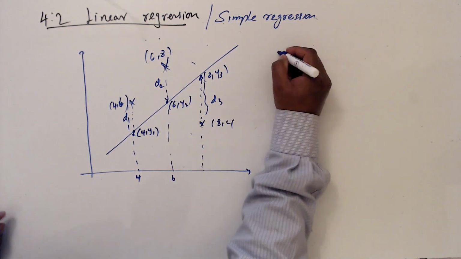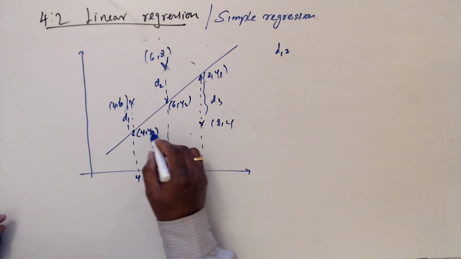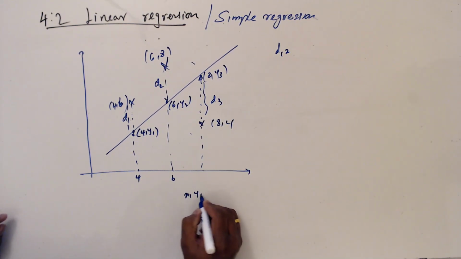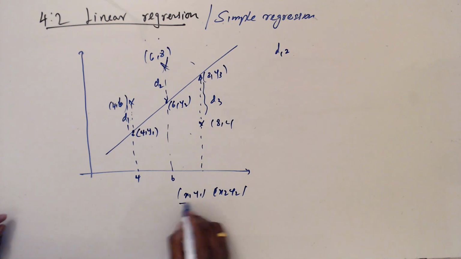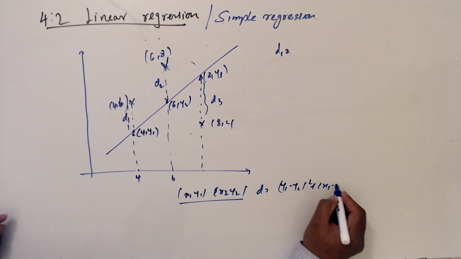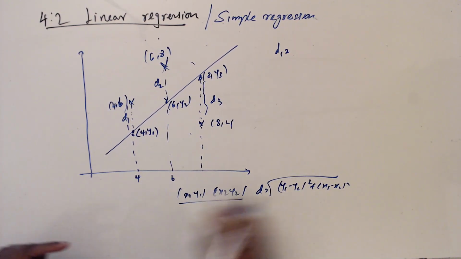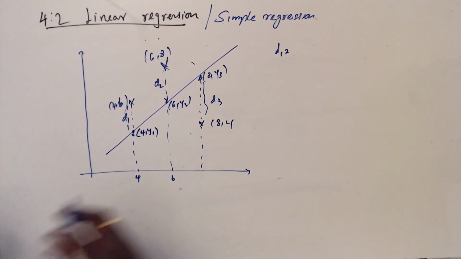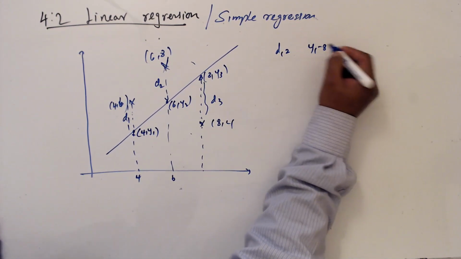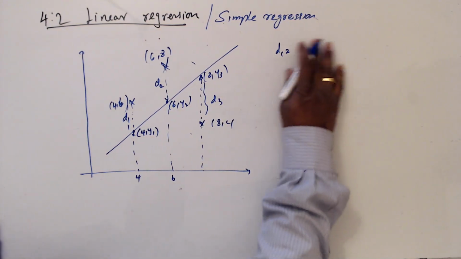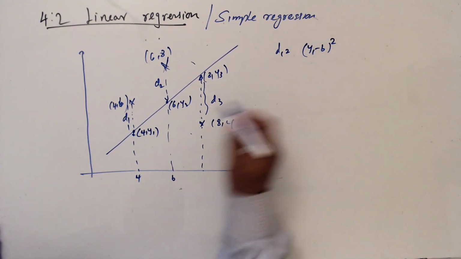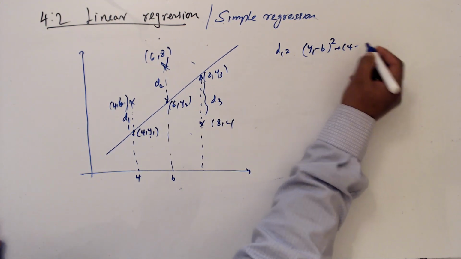Now d1, how do we find d1? When we have 2 points, (x1, y1) and (x2, y2), we know how to find the distance: the square root of (y1 minus y2) squared plus (x1 minus x2) squared. So when I calculate the d1 distance, it is going to be (y1 minus 6) squared plus (4 minus 4) squared.